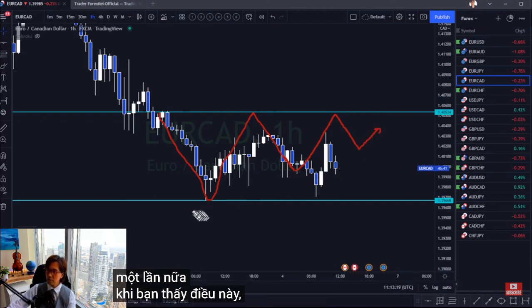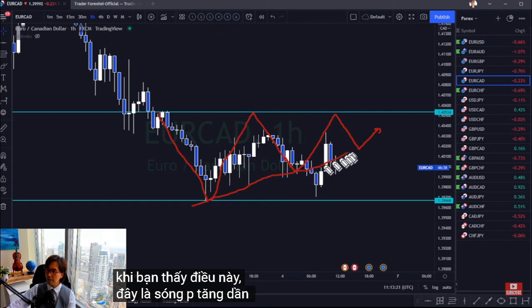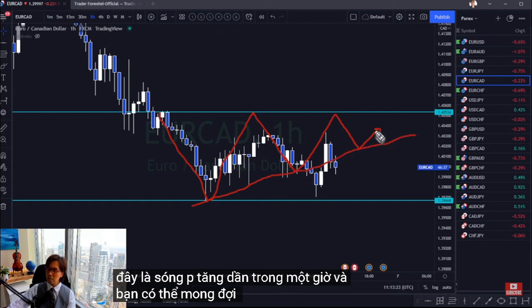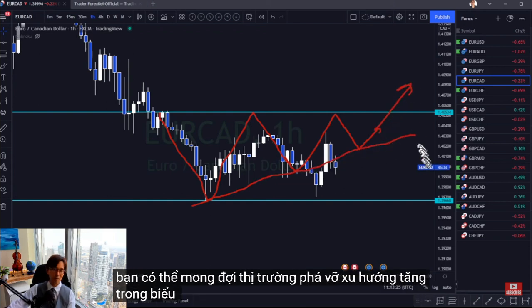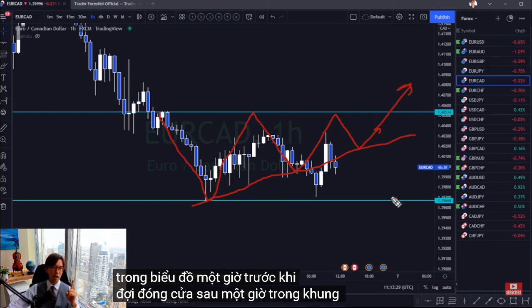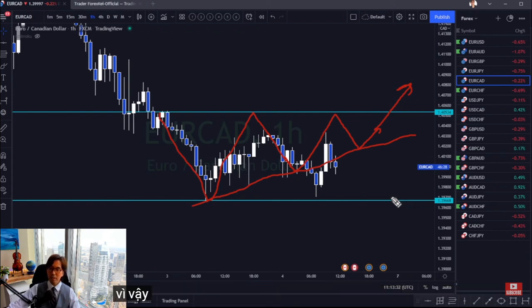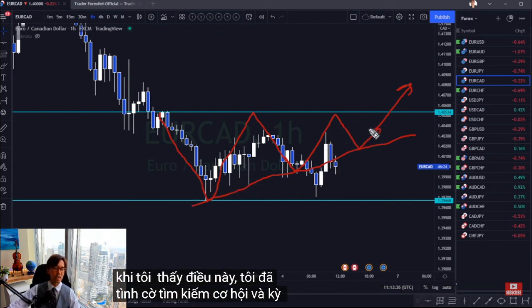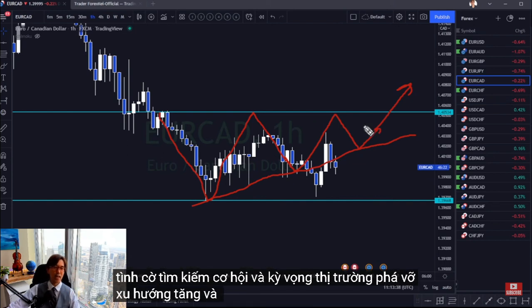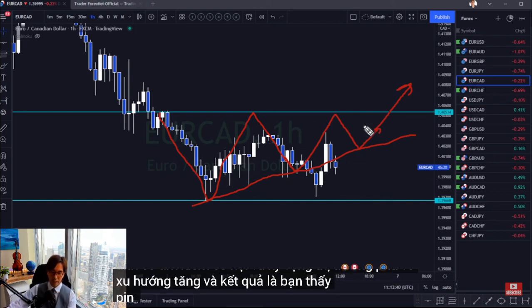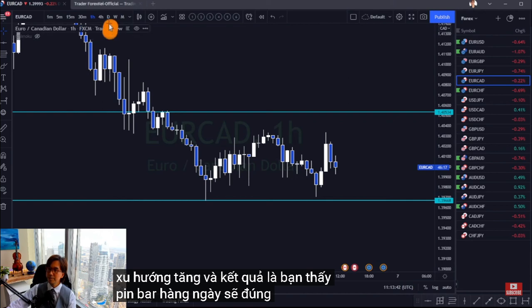When you see this ascending price wave in 1 hour, you can expect the market to break bullish in the 1 hour chart before waiting for the close in the daily time frame. So when I see this, I already look for the buy chance and expect the market to break bullish. And as a result, you see the daily pin bar will be true.